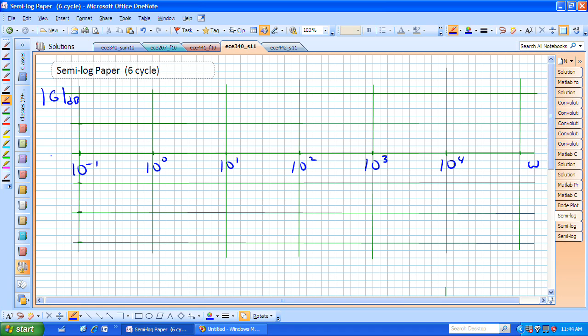If this bold line is what we will refer to as 0 dB, and here's minus 20, minus 40, minus 60 dB, here's plus 20, what we are going to do with our constant piece, how about if I do that in a slightly less bold line?